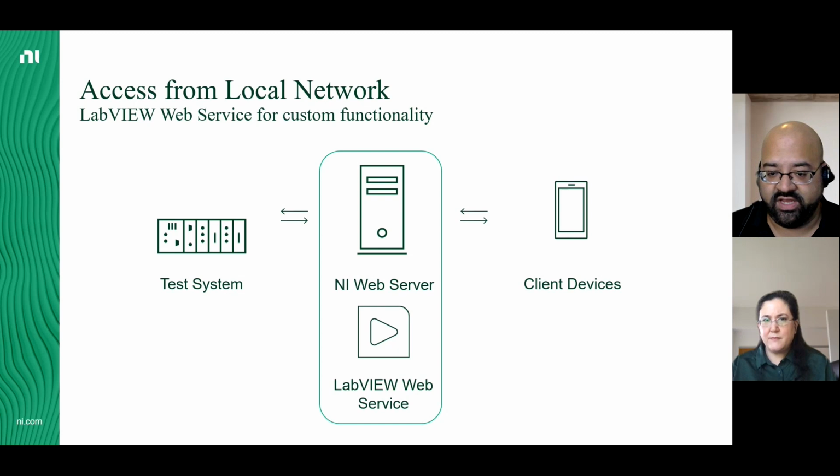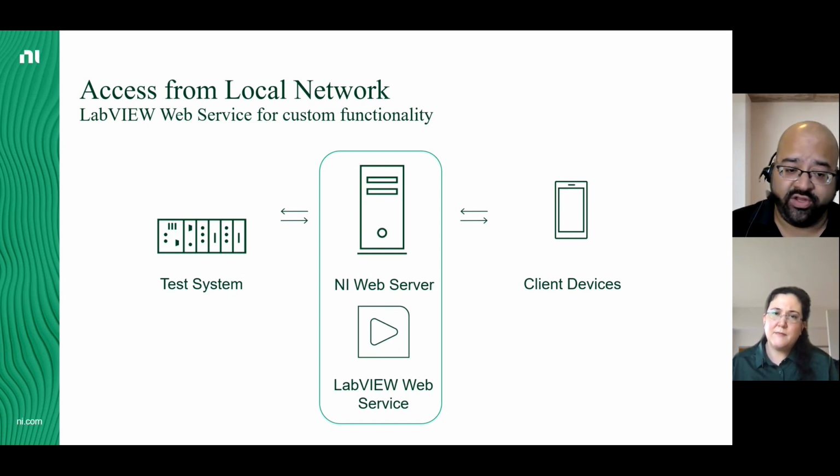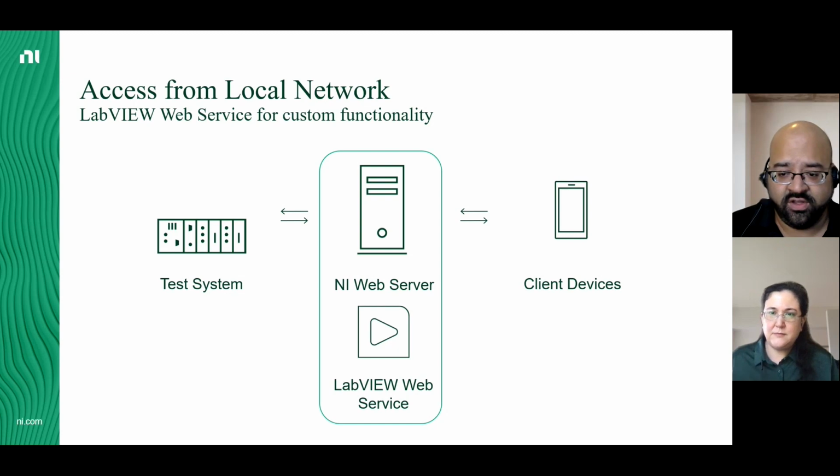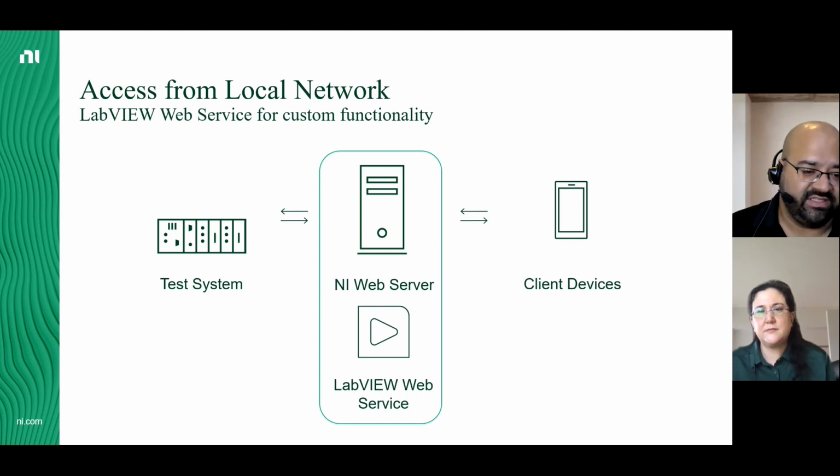So if you wanted an architecture that lets you leverage SystemLink Cloud or a local area network, you may want to consider what we talked about earlier, which is having your test system doing that extra logic, having your LabVIEW application that's running there listen for tags and messages. So maybe it listens for messages coming from your WebVI asking to get some data out of the database, and then replies with messages back. And that architecture could be used for both.